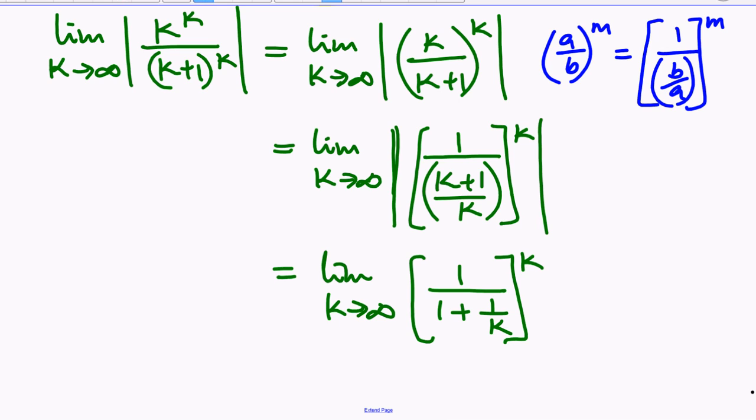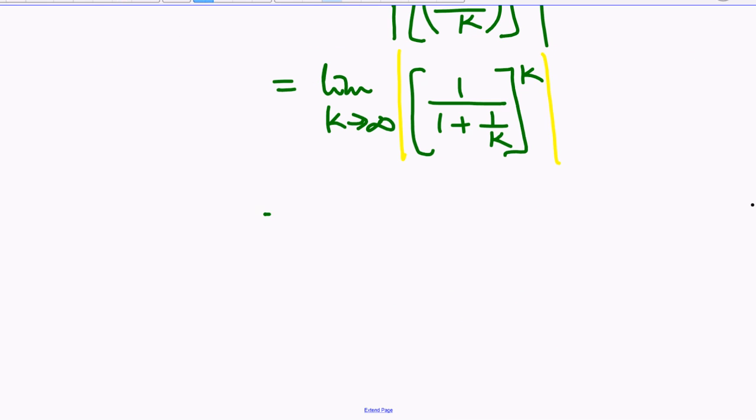You have the absolute value signs. Anyway, as k approaches infinity, what the statement up here is saying is that 1 plus 1 over k to the power k will approach e. In fact, I can simplify this statement again, just to make it simpler for you.